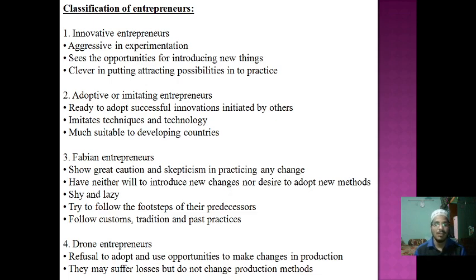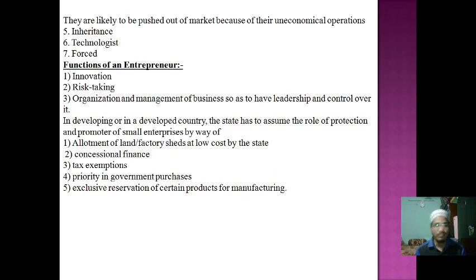They may suffer losses, sometimes we will suffer losses, but do not change the production method. We have to keep our production method constant, but we will sometimes face losses also. They are likely to be pushed out of the market because of their uneconomical operations.